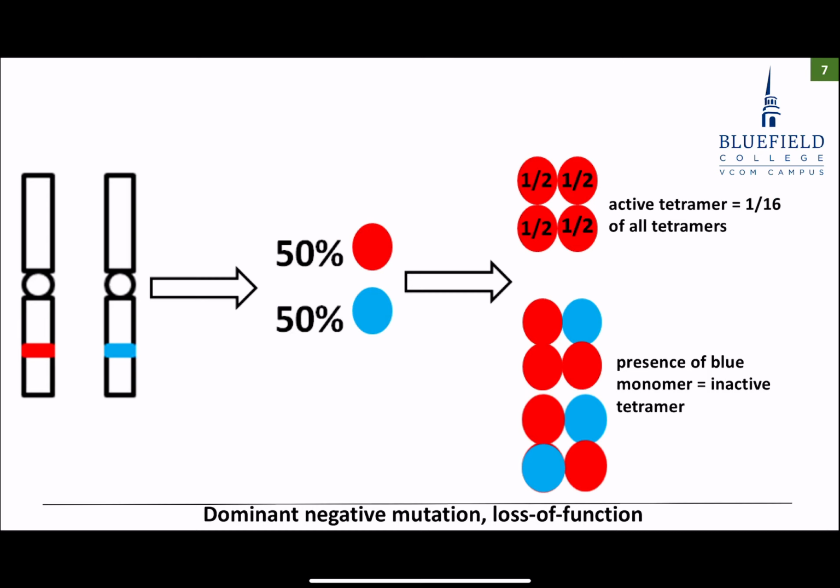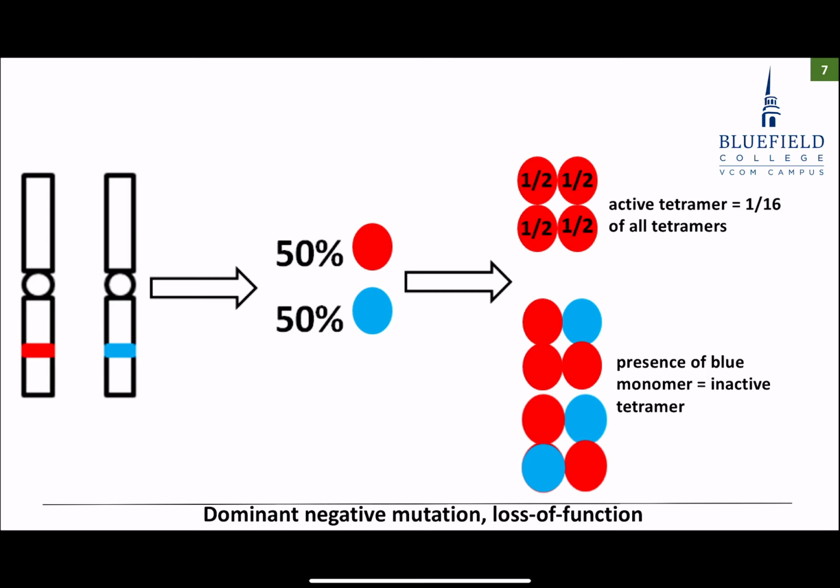And just a fraction of them is the right combination of all red units here. So those are the functional. Even if there is one blue unit there, one blue monomer, that leads to a dysfunctional product.